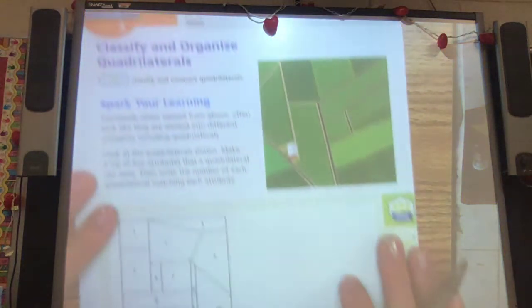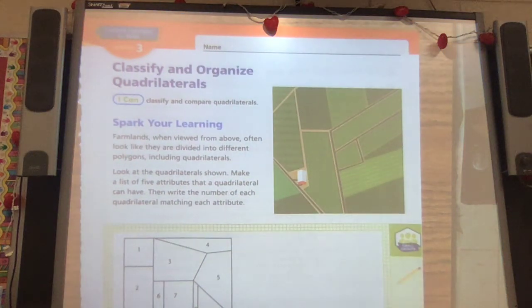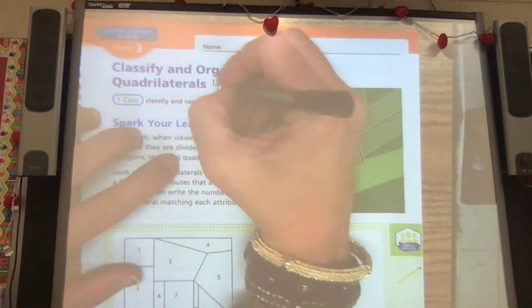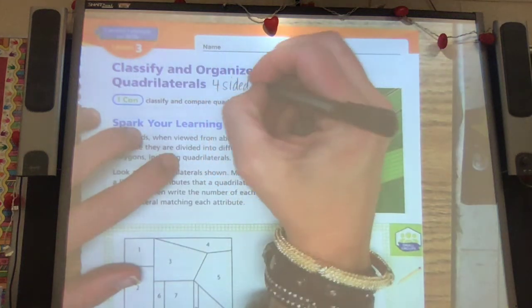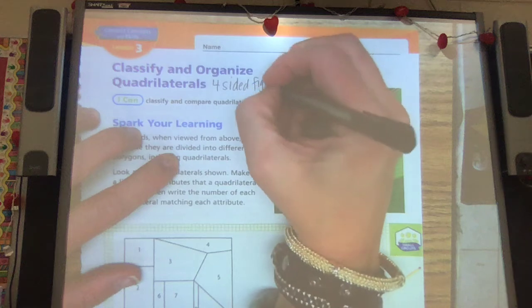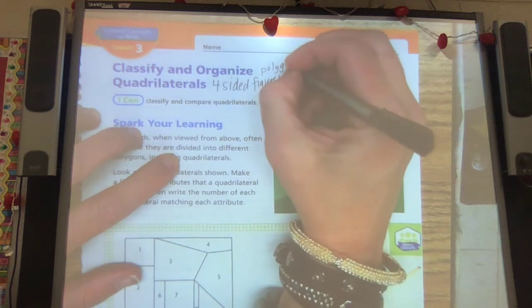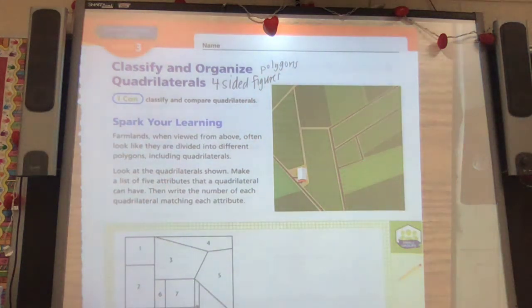Today we are going to classify and organize quadrilaterals. And I'm going to write this up here. They are four-sided figures or four-sided polygons. That's what we call a quadrilateral.